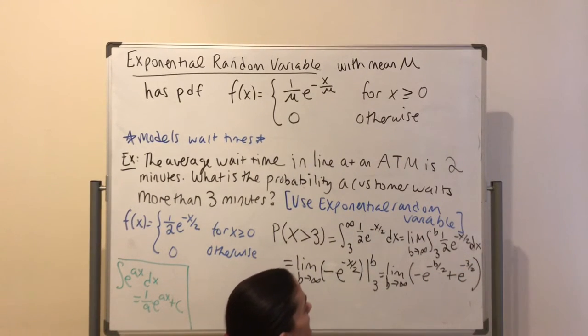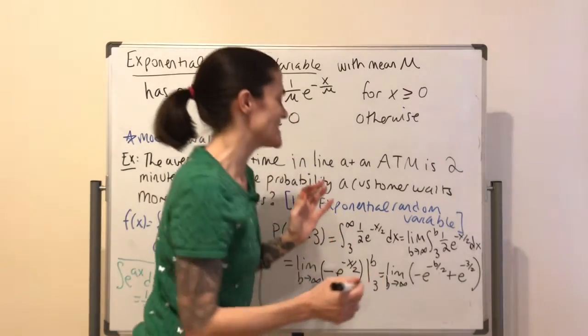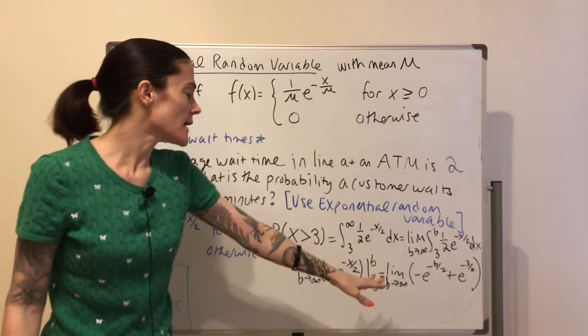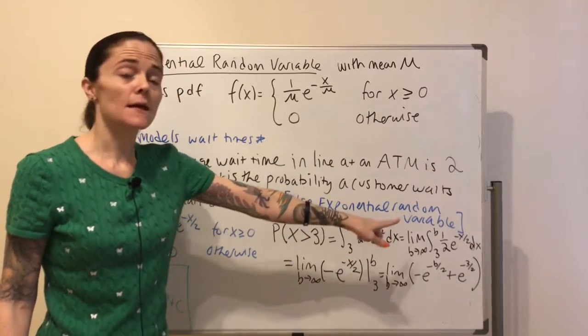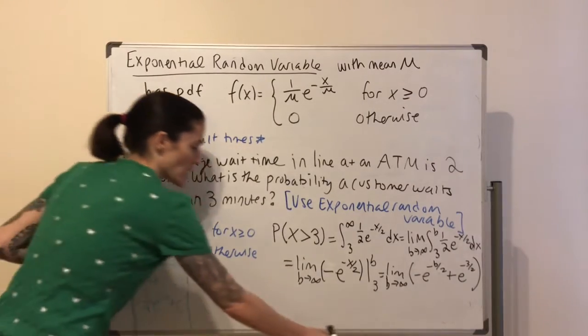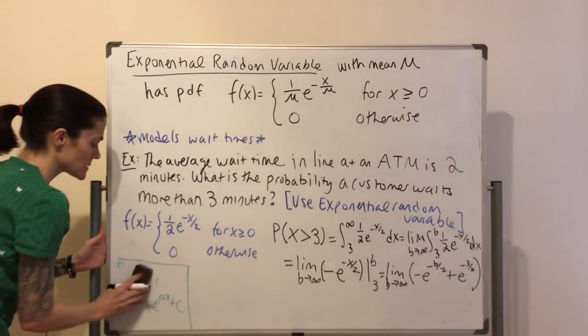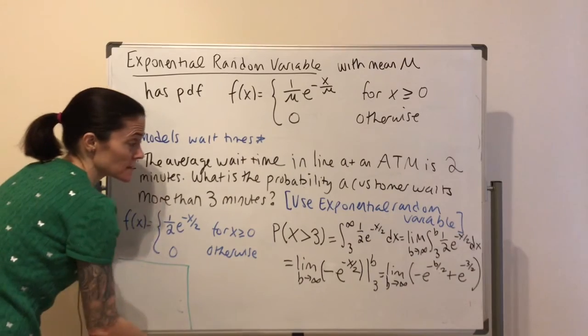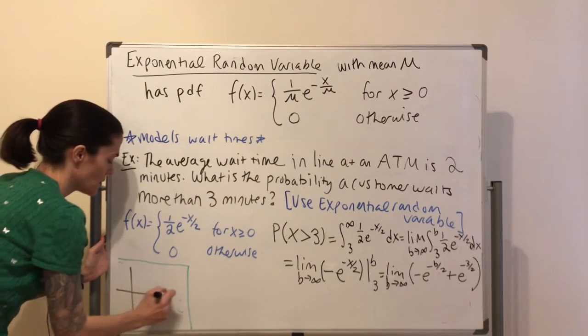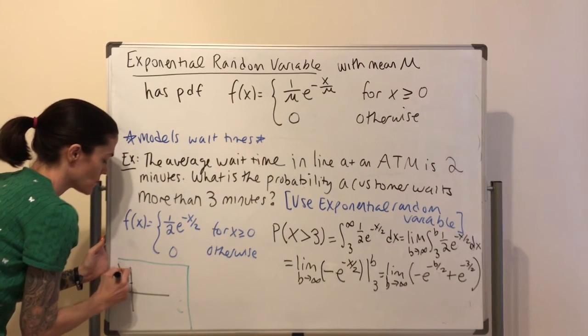Okay? Right, I was making sure I didn't have any mistakes here. Now we take a limit. Well, here, this is e to the minus b over 2. The graph of this, maybe I'll come back over here to my side box. The graph of e to the minus x looks like this.